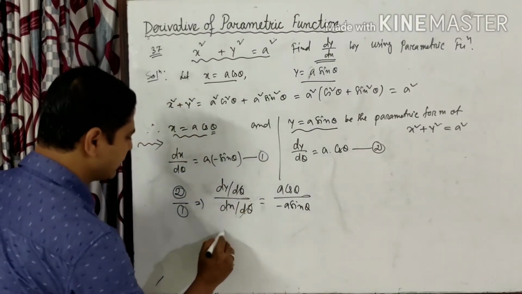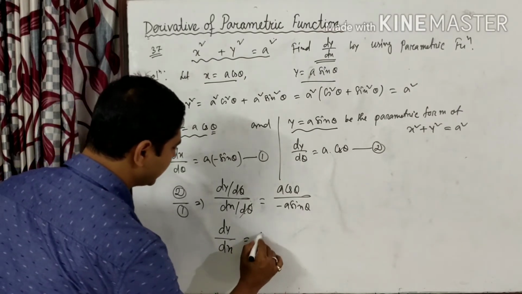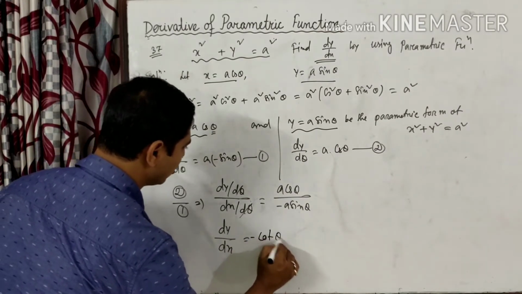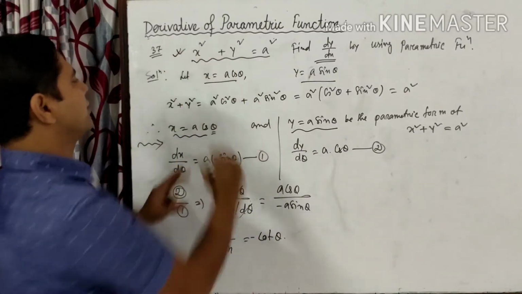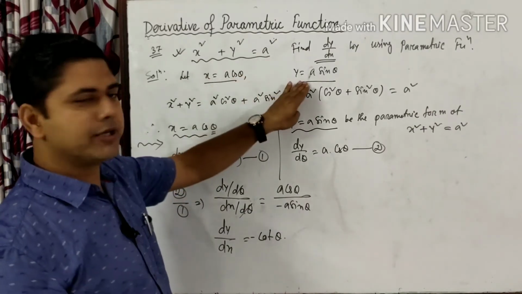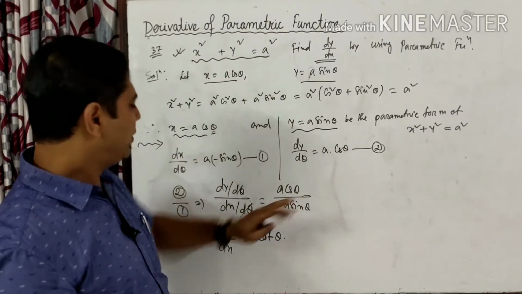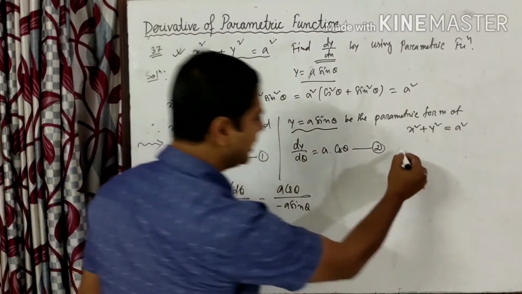D theta cancels. The dy by dx is equal to what? Minus cot of theta. The given function is originally in terms of which variables, x and y. We considered the parametric form, therefore you have to express this one in terms of x and y variables. Here, what will you write?